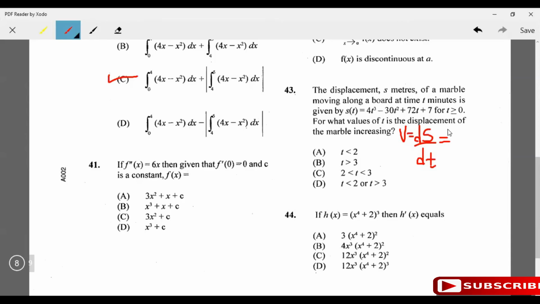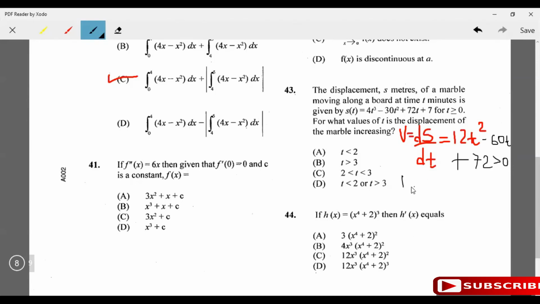So in this case, velocity is going to be 12t squared minus 60t, and I differentiate 72t to just get 72. I want to solve when the velocity is greater than 0.